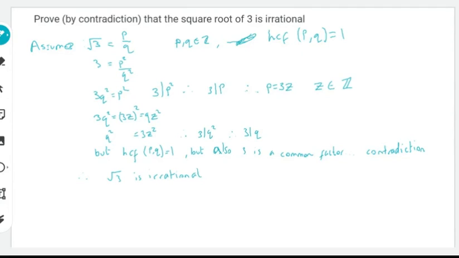And actually, it can build up to a general proof that the square root of n, where n is not a square number, must always be irrational. And you can even extend it to say that the cube root of 3, for example, must be irrational. You can use similar arguments there as well. So, yeah.